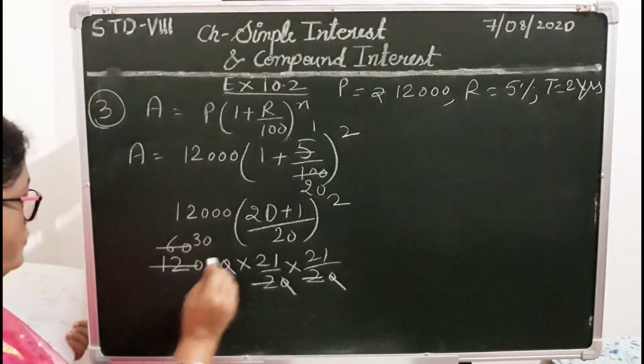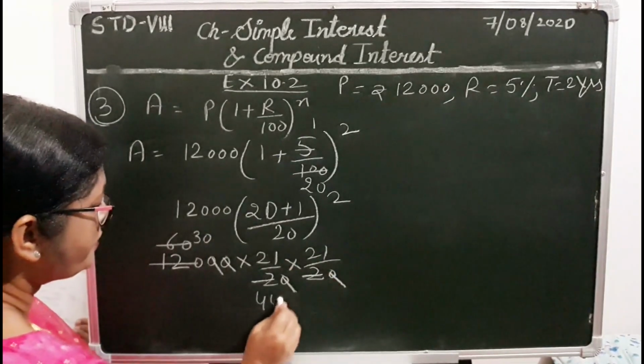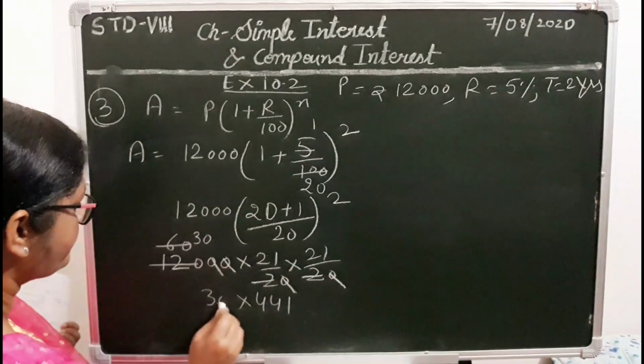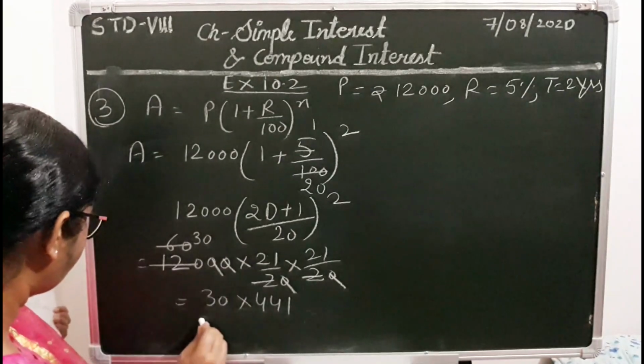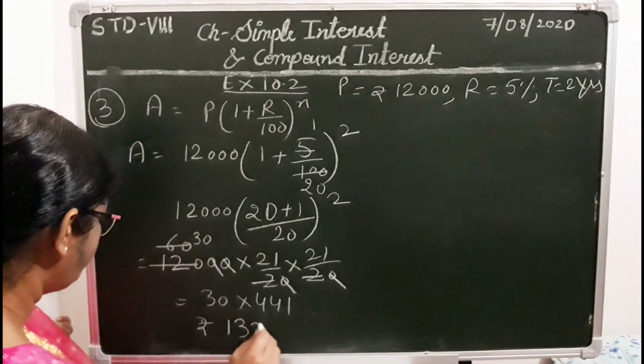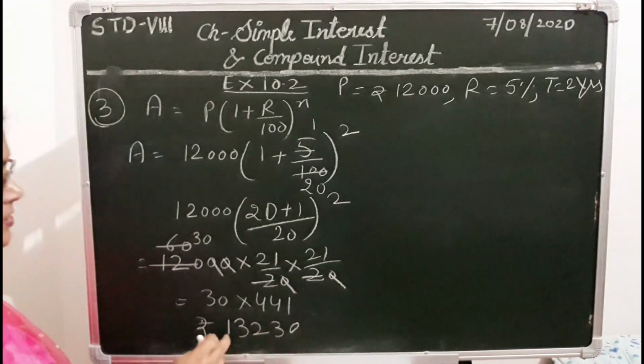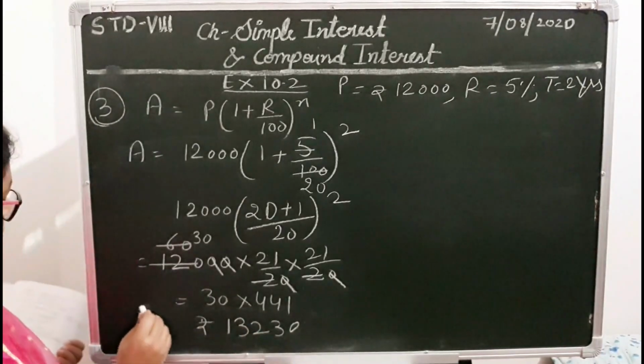Now after solving, 21, 21s are 441, 30. Rupees 13,230 is the amount.